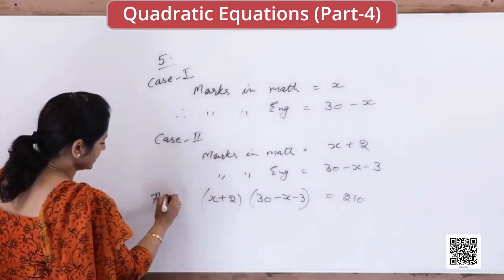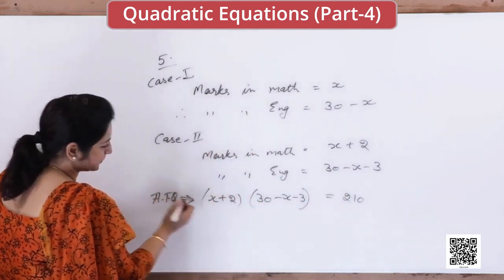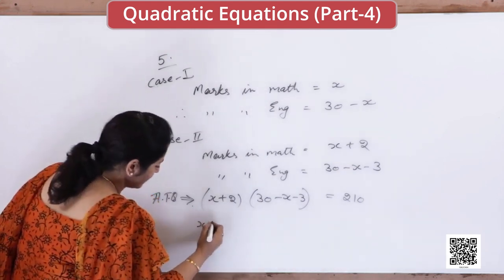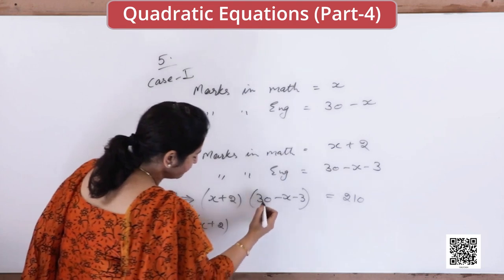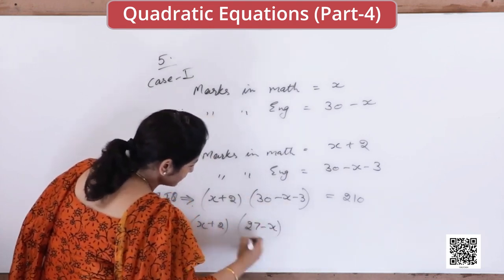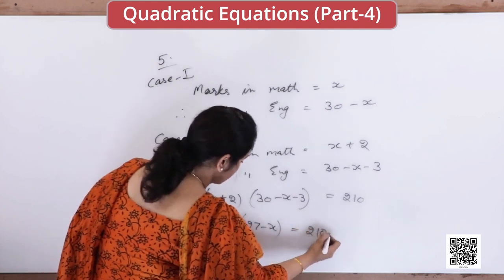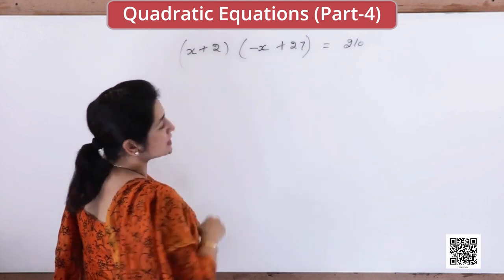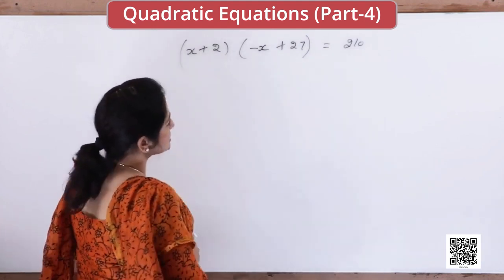We can write it as ATQ, that is according to question. Now we can have the equation from here. x plus 2, here we will have 30 minus 3, that is 27 minus x, equals 210. So let's solve it now. x plus 2 into minus x plus 27. Now we have a minus with x.